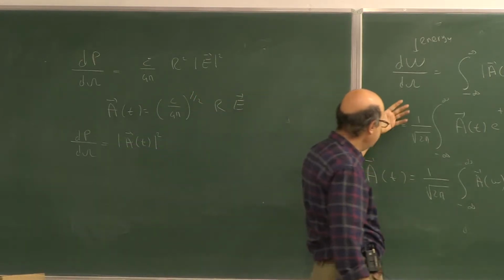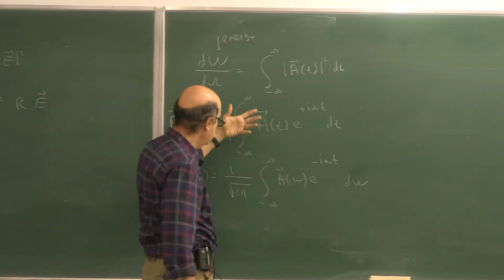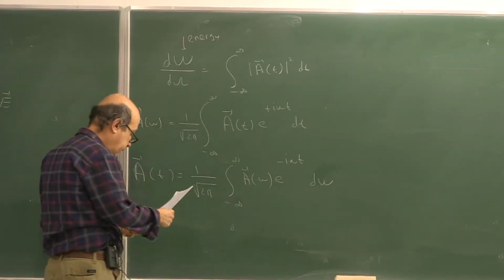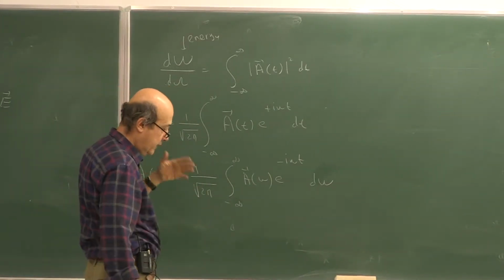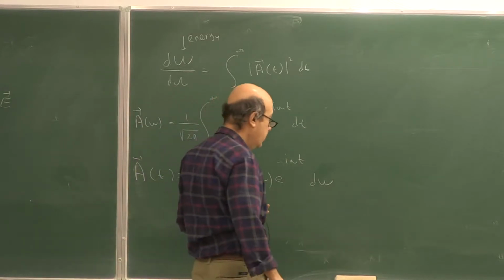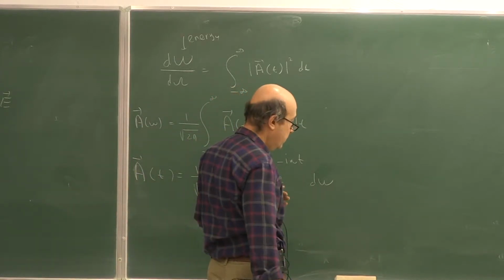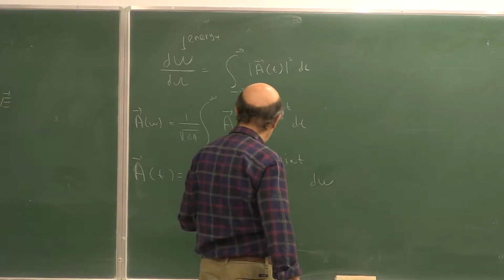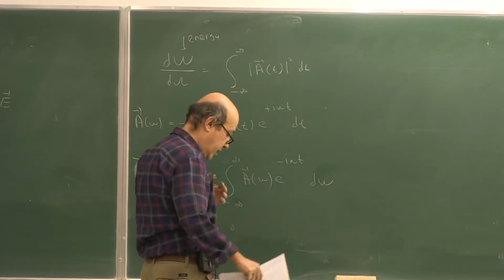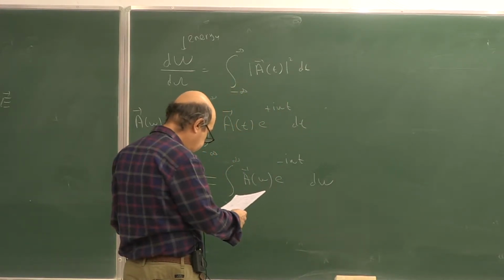Now I will try to convert this integral to the frequency domain. Then I will express the intensity frequency spectrum of the emitted radiation in general form, and next week we will do some applications.